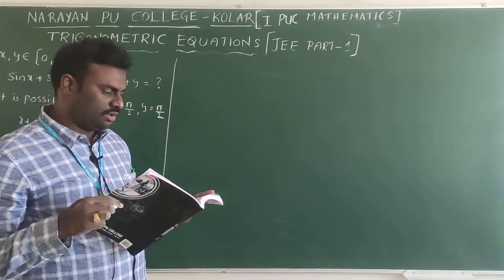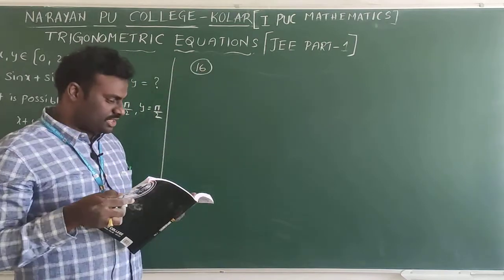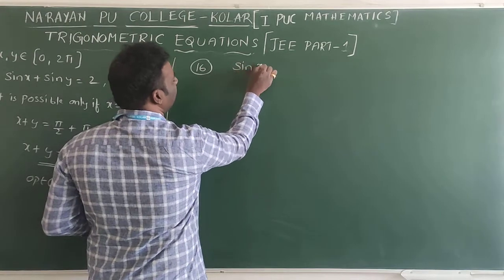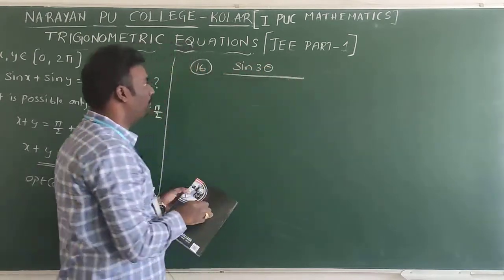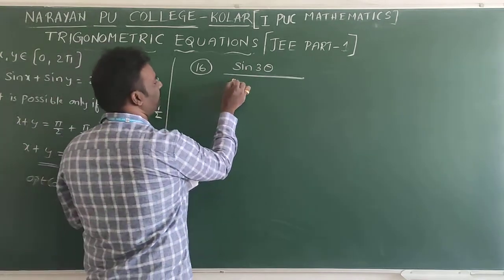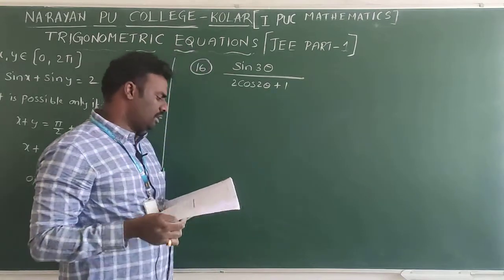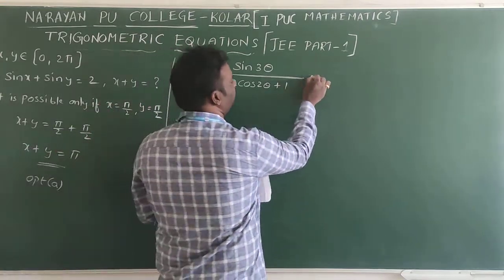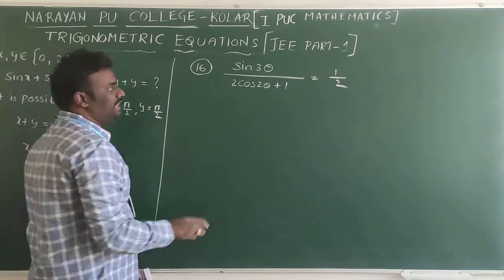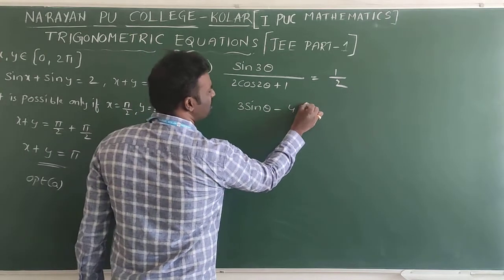Next, question number 16. In the 16th question, they have given sin 3 theta by 2 cos 2 theta plus 1 is equal to 1 by 2. Now the numerator sin 3 theta can be written as 3 sin theta minus 4 sin cube theta.